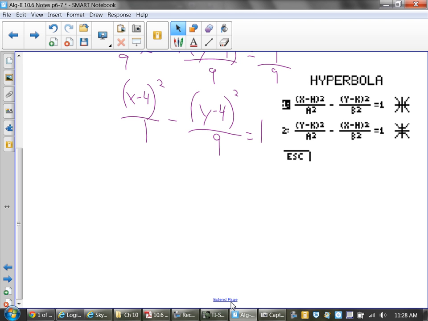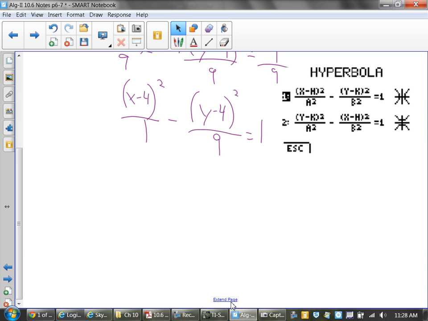So here's what we do. Which one came first, x squared or y squared? The x squared. So that means I know it's going to be the top one. It's moving left and right. So what I do now is I'm going to go ahead and graph this. When you graph the hyperbola, there is a lot of stuff you have to be able to identify. First thing you identify is center.